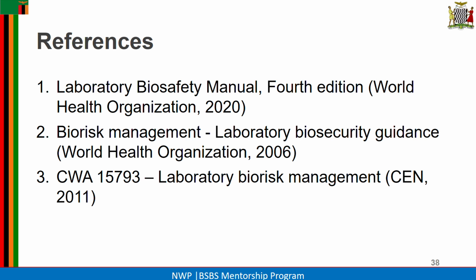So these are just some of the references. Mostly the information came from the Laboratory Biosafety Manual, 4th edition. You have the Biorisk Management Laboratory Biosecurity Guidance, mostly from the latest edition, the 2024 edition and not the 2006 edition. Then the CWA information came from the CWA 15793.